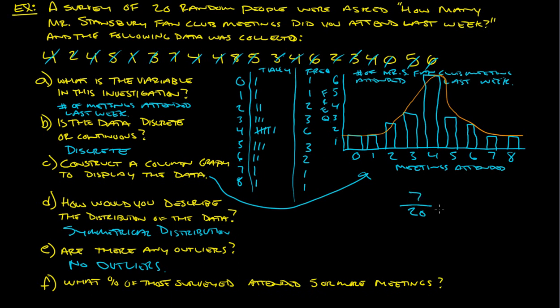That would be 3, 4, 5, 6, 7. So 7 out of 20 showed up to 5 or more meetings, which, if you divide that out, gives us 35% of the people attended 5 or more meetings.